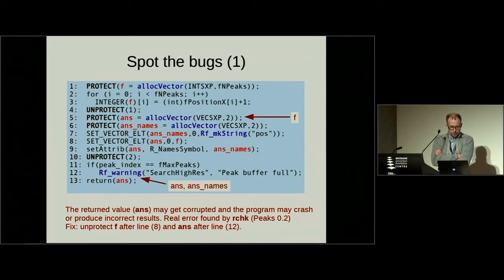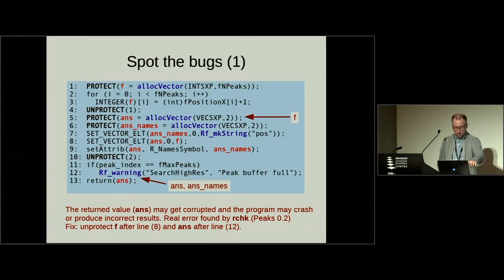F has been protected at line 1, but unprotected at line 4. So that's a bug. I don't know how this could have happened, but F at that point is unprotected, it can be reused, and you can see that at line 8, F is used, but it can already be the broken version of F at that point.